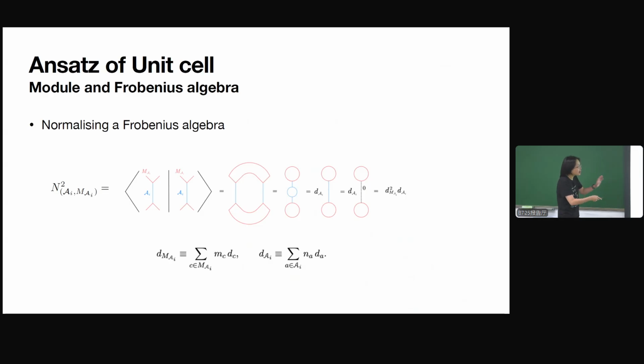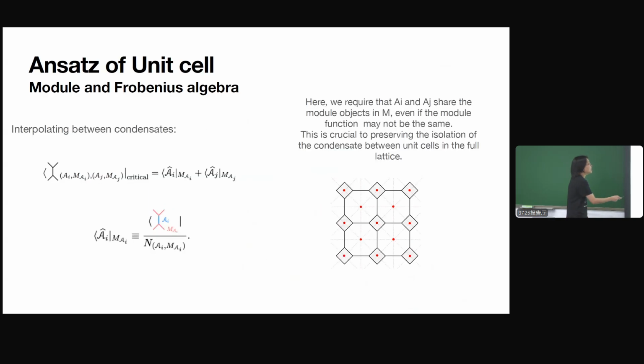Once I have defined the norm, I'm able to compare the relative size of these two condensates. And I claim that the critical point should be at the value where the two normalized condensates are exactly equal. What I mean is the following. First of all, recall that for a given topological phase, I normalize it with the norm that I have just defined in the previous slide. Now, because I'm allowing two kinds of condensates to compete, I'm just adding them up. If I only have one of them, that is one topological phase.